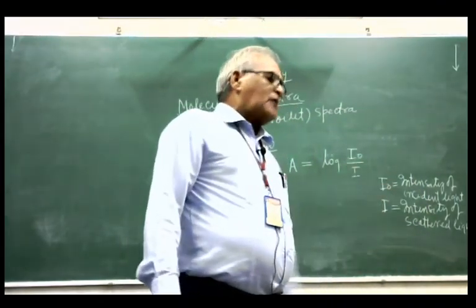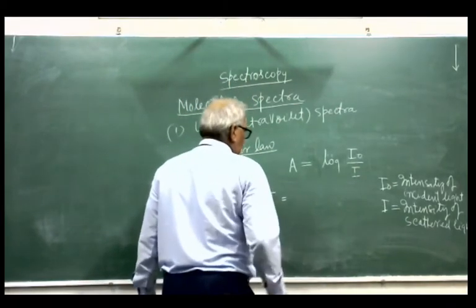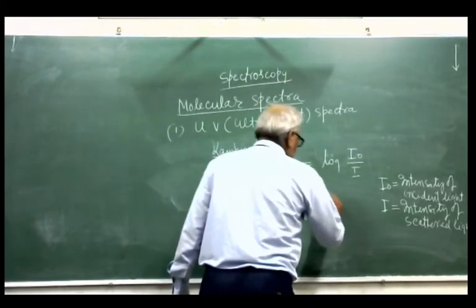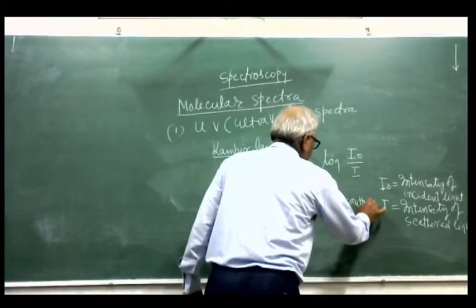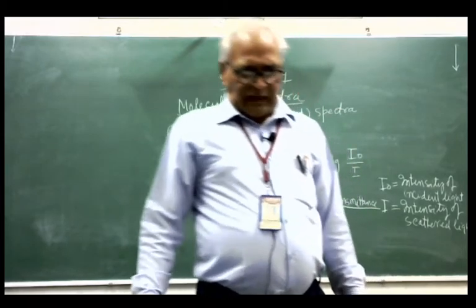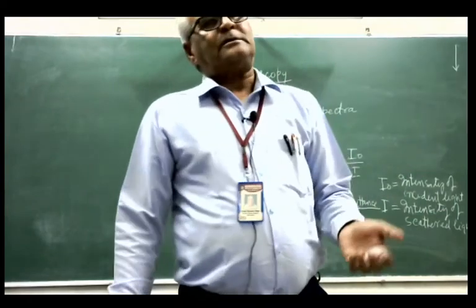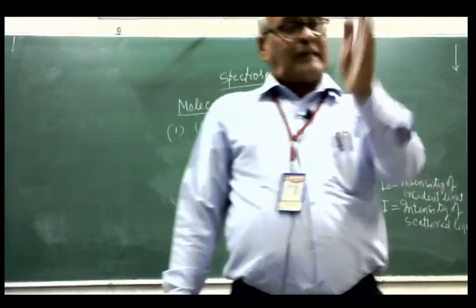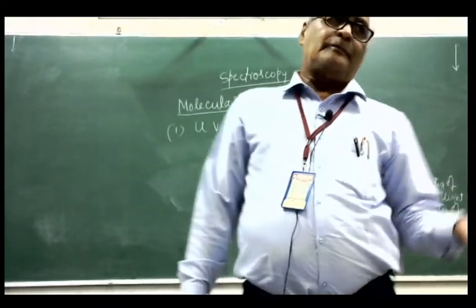There is another term also, transmittance. T is equal to I upon I zero. T is the transmittance. Transmittance means the ratio of the intensity of the transmitted light to the intensity of the incident light.